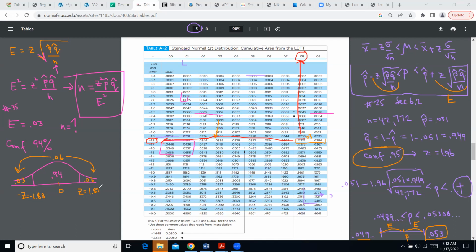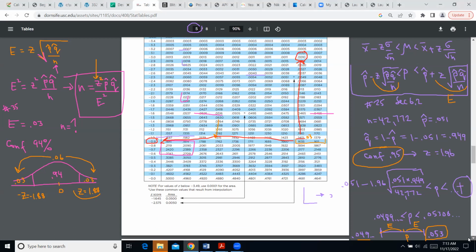So for the z-score, I'm going to use 1.88 because we usually take the one with a plus sign. If Alex wants to take the one with a minus sign, you can do this, it doesn't matter because z is squared anyway, right? If you take negative, you square it and it'll become positive no matter what.